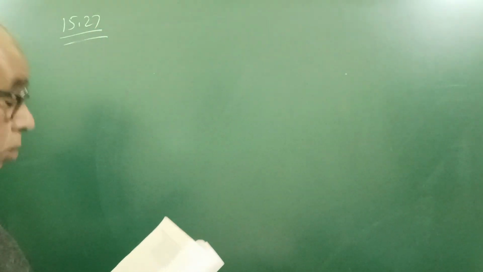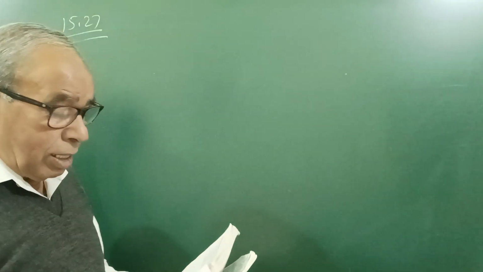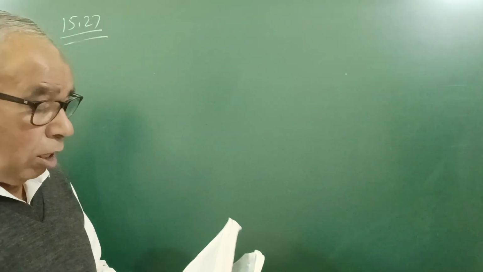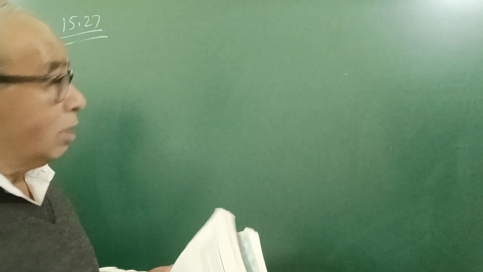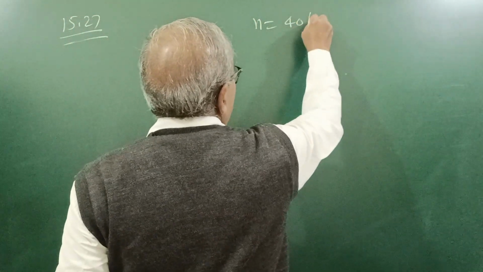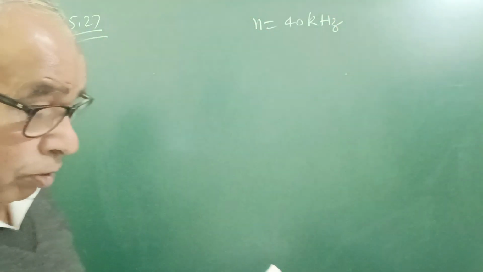This is question number 15.27 on Doppler effect. A bat is flitting about in a cave navigating via ultrasonic beeps. Assume that the sound emission frequency is again 40 kilohertz, produced by the wings of the bat.